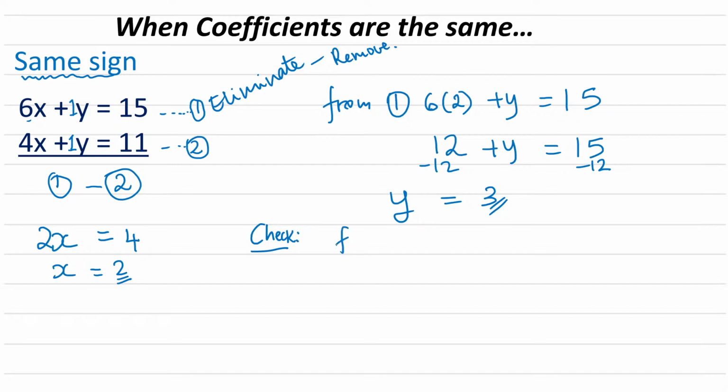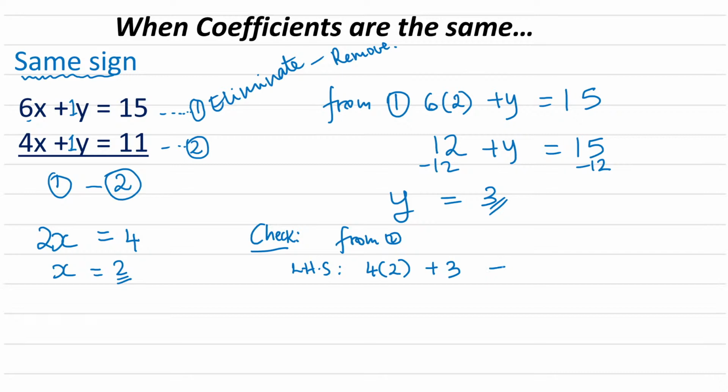So now, from equation 2, if we take the left hand side, it is 4x plus y. So we have 4 times x, which is 2, and then plus 3.